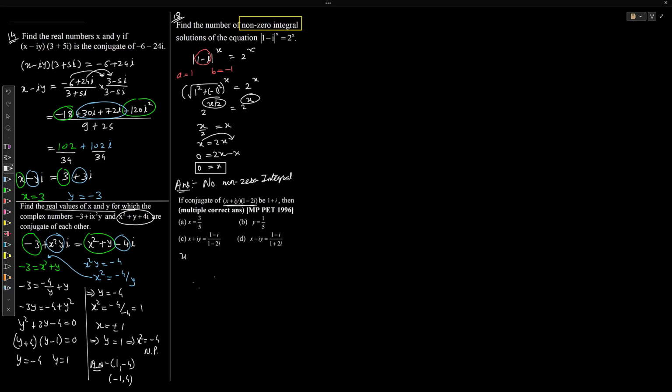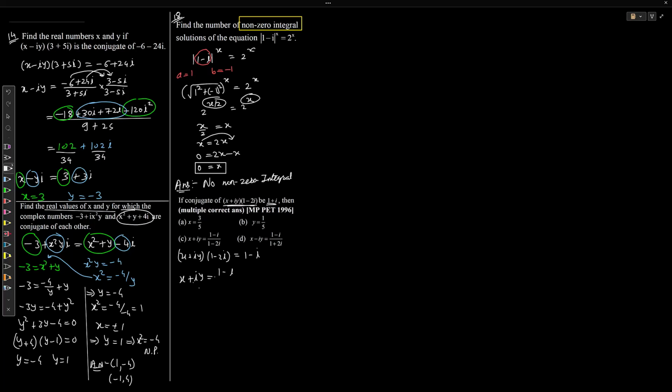This x plus iy into 1 minus 2y is the conjugate of 1 plus i, so it must be equal to 1 minus i. Then we have to check the following options. Let's make x plus iy the subject.